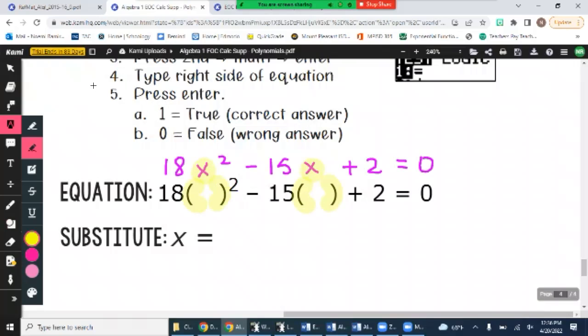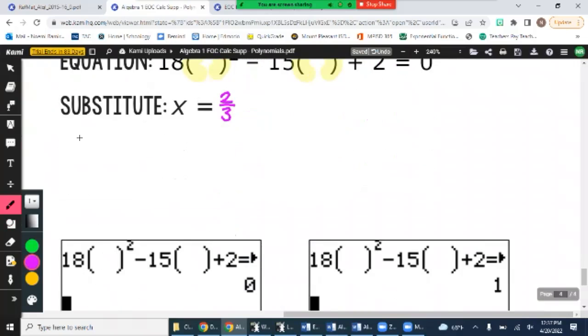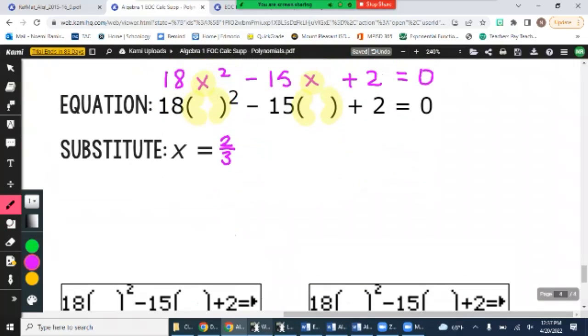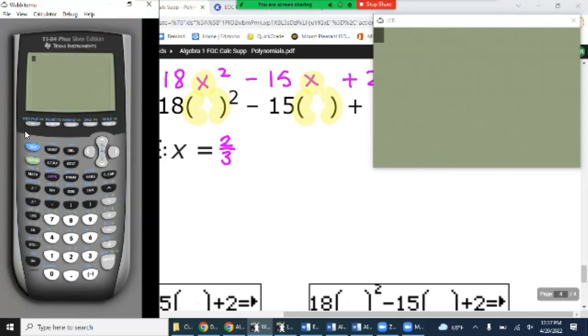That's it. Nothing else changed. The square didn't change, the minus, the 15, the 2. Everybody good? All right. So we're going to plug in that 2/3, two different ways. The first way is to plug it in yourself. So we're going to do that in the home screen. So second quit, we're going to type in 18 parentheses, plug in your 2/3, alpha y equals 2/3.